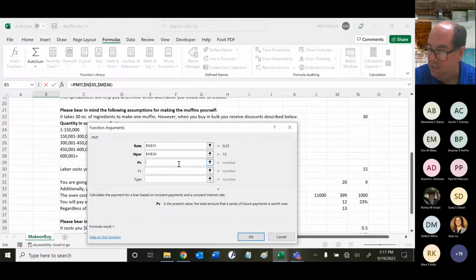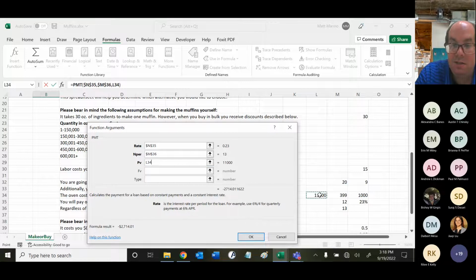Now our present value for this is a little tricky to compute because we have to combine a bunch of different things. So we need our 11,000 for our muffins, which is an L34, plus our $3.99 for whatever it was. And then our 1,000 for the cooling racks. But we also need to add our 20 times 9 for the other equipment.